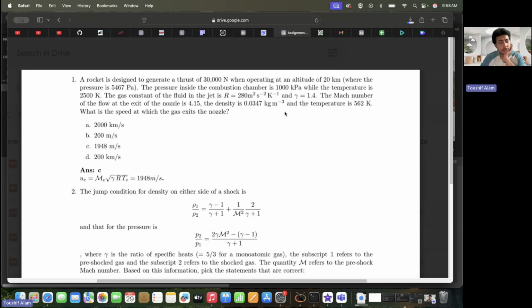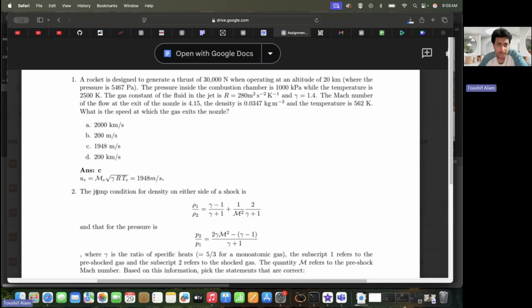This is simple. It's not simple, but if you derive the equation with the shock conditions, you get the post-shock speed in terms of the Mach number.